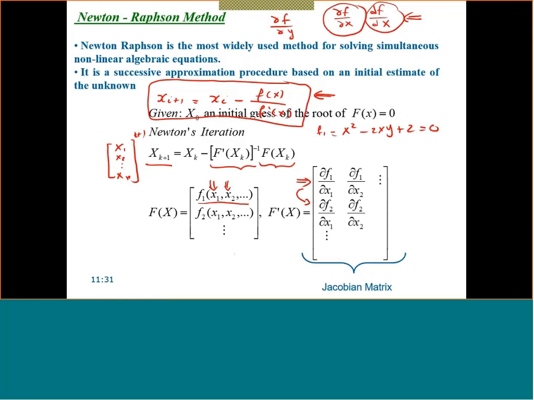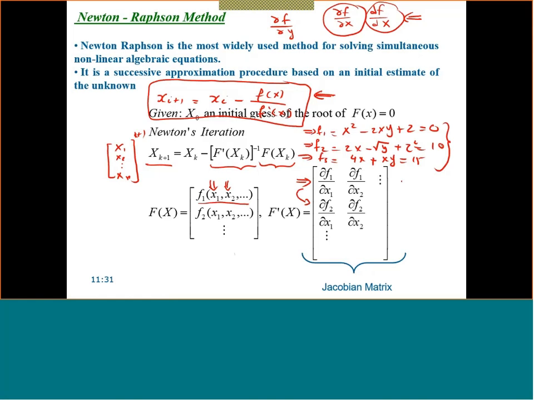This is f1. f2 is equal to 2x minus root of y plus z squared equal to 10. And f3 equal to 4x plus xy equal to 15. So these are three equations with three variables, x, y, and z. So this is your f1, this is f2, and this is f3.